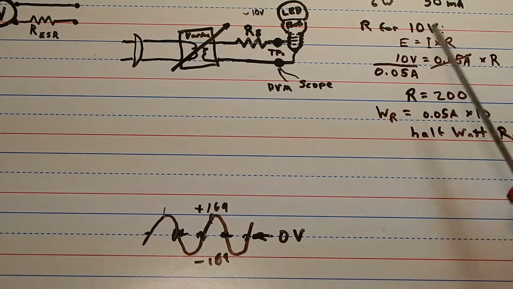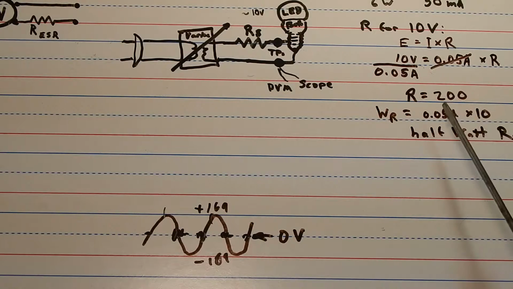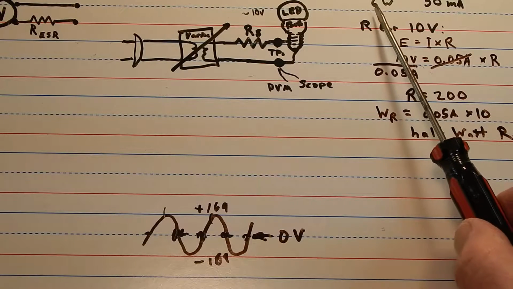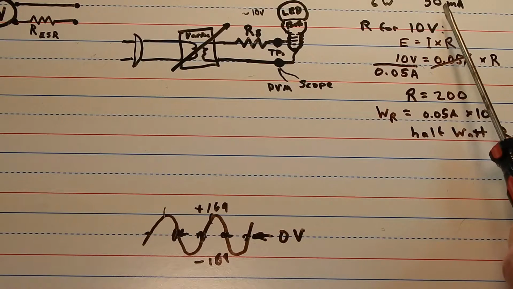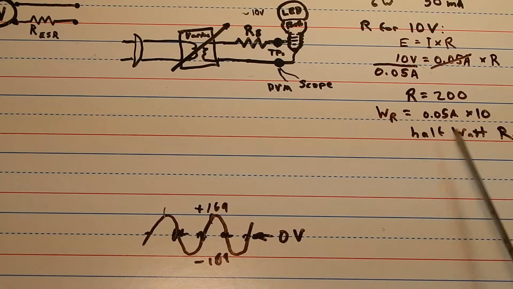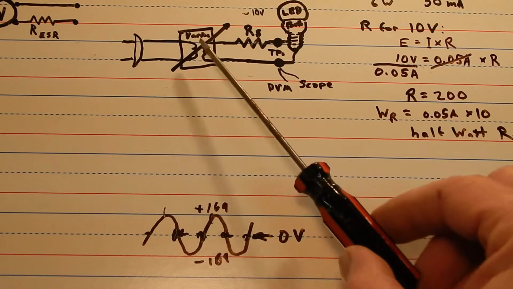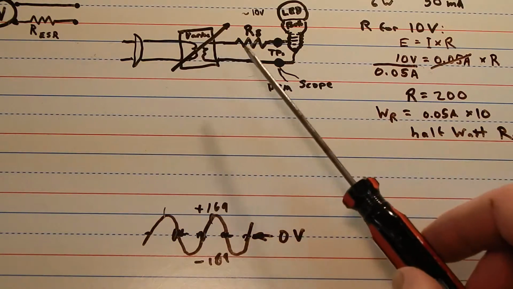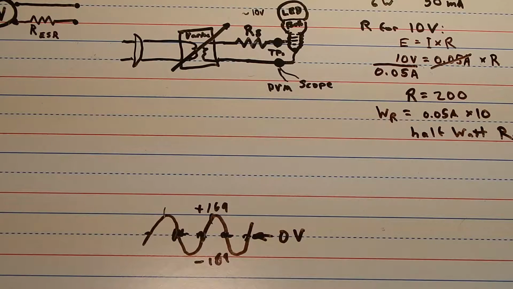I originally calculated a 200 ohm resistor, and I figured it with the bulb, which says 6 watts, 50 milliamps. So I went through and yeah, a half watt resistor would just barely work. And I was going to put a variac in series just to get me back up to 120 volts.